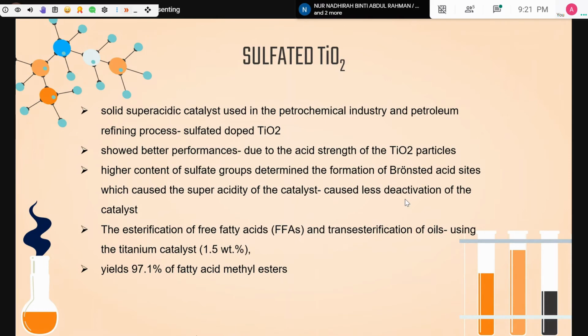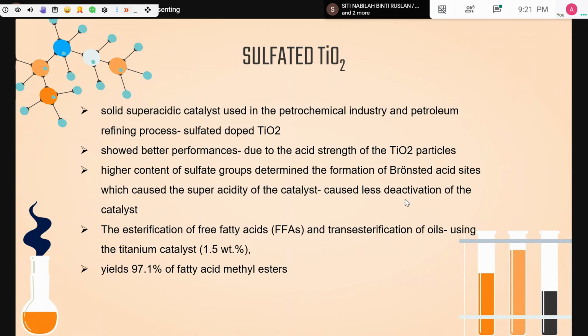This catalyst shows better performance compared to other sulfated metal oxides due to the acid strength of the titanium dioxide particles, which is further enhanced with the loading of sulfate groups on the surface of titanium dioxide. The higher content of sulfate groups determines the formation of Bronsted acid sites, which cause the acidity of the catalyst. This enhancement of the acidic properties causes less deactivation of the catalyst.